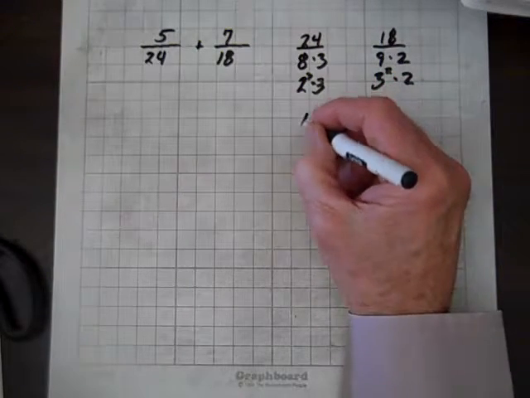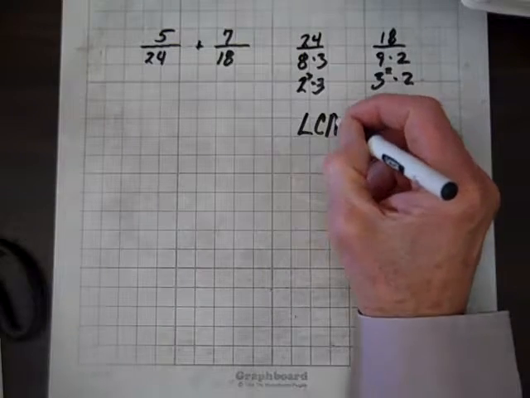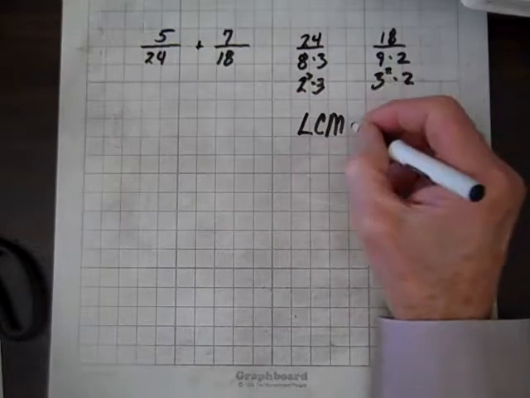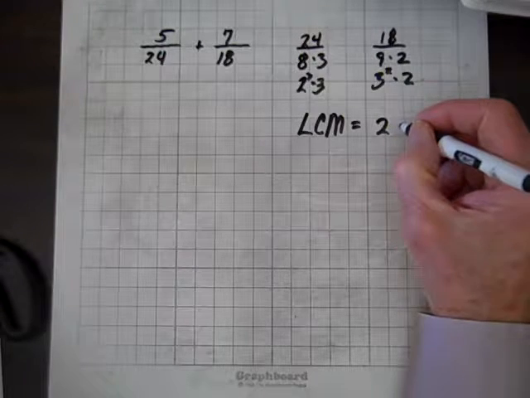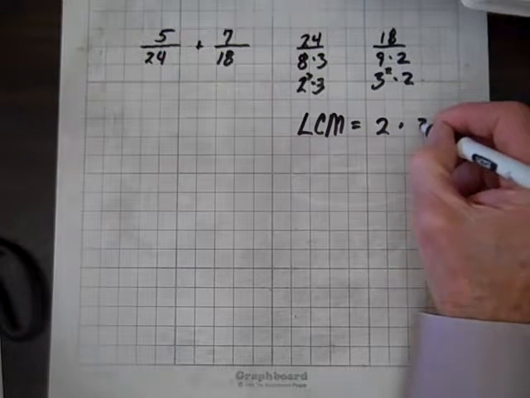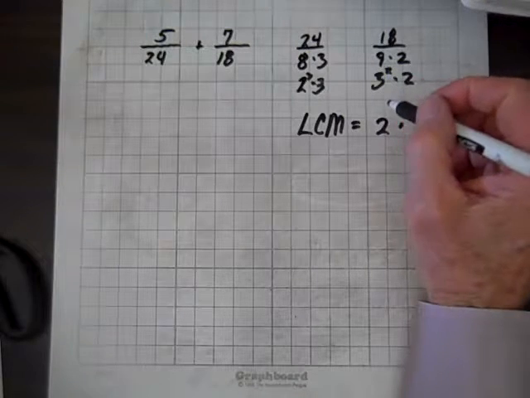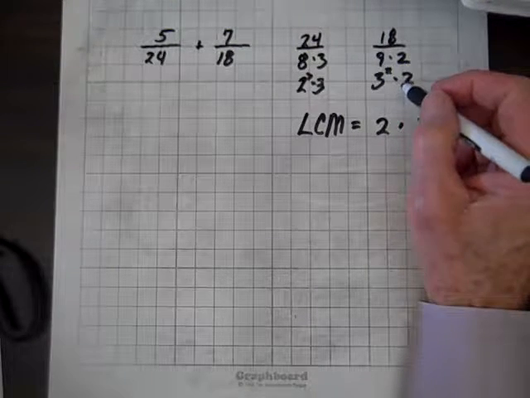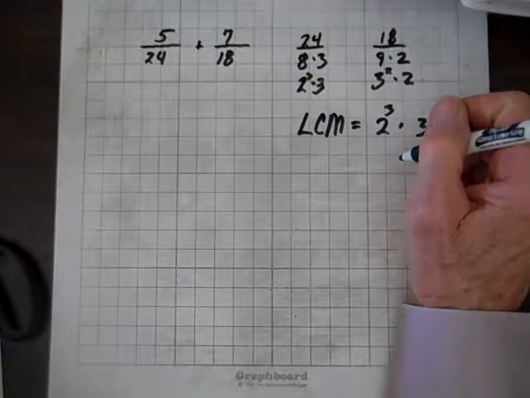So now, the least common denominator, or the least common multiple of these two numbers, is found by writing down each base. There's only two bases, 2 and 3. See, this is the base, that's the exponent. Now, what's the largest exponent on 2? It's 3, so we'll put a 3 there.